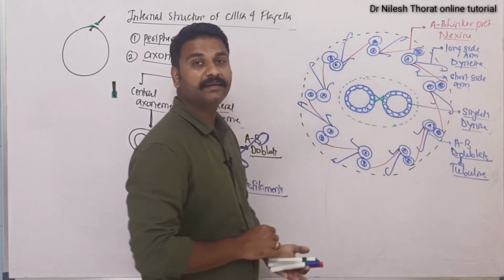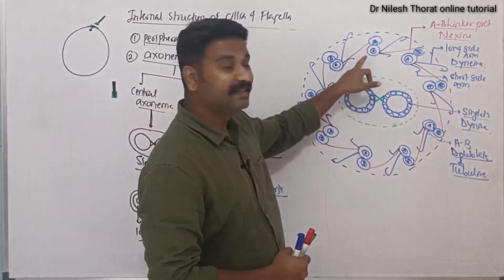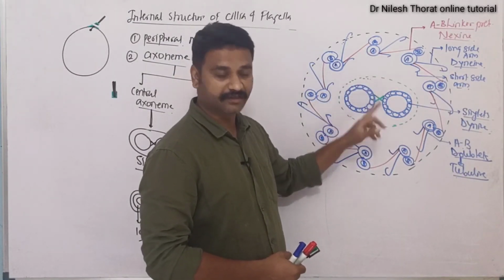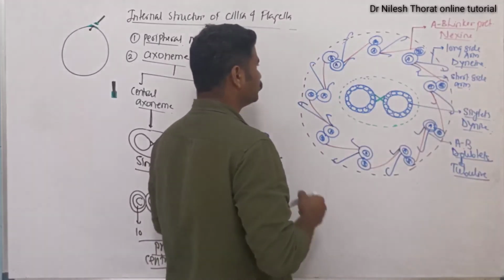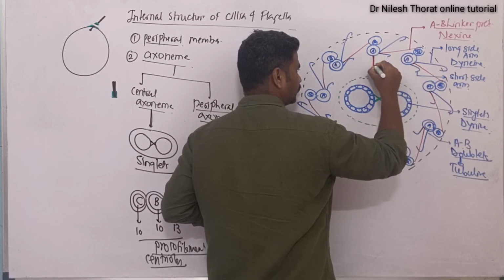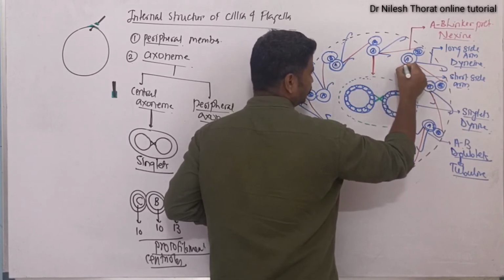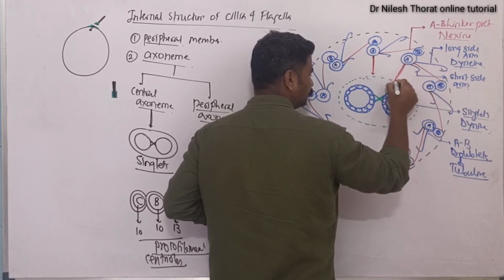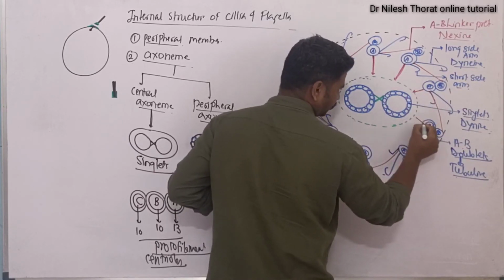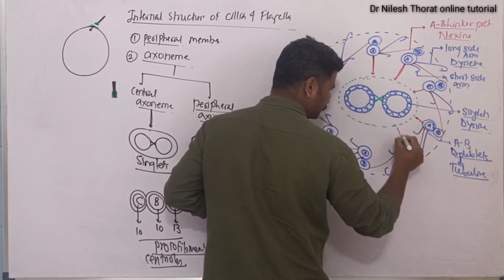Then there is another type of protein, a dense proteinaceous aggregate which will connect the doublets with the central sheath. Okay, so these dense proteinaceous aggregates are called radial spokes, and with the help of these radial spokes, the doublets are connected to the central sheath.